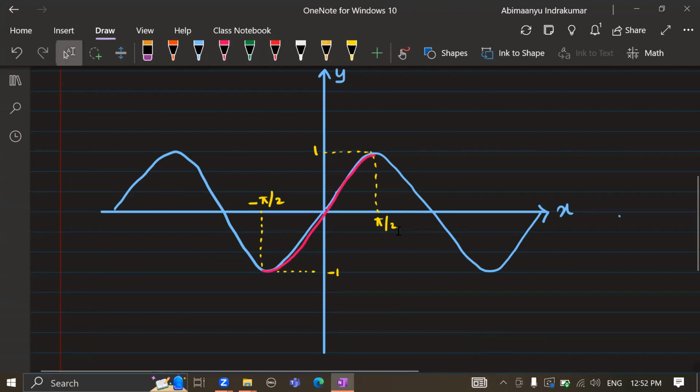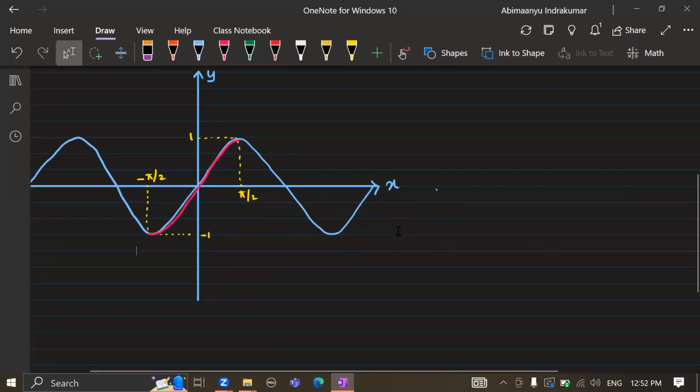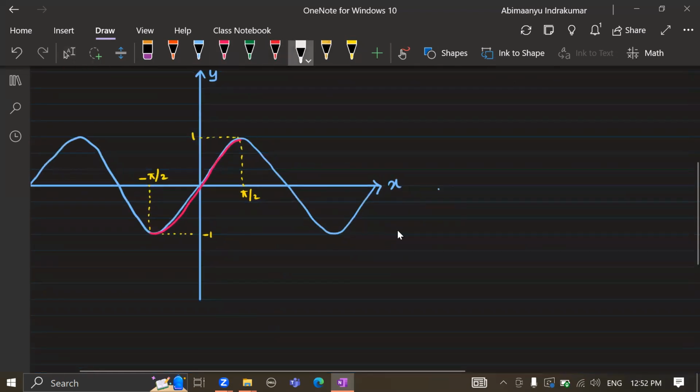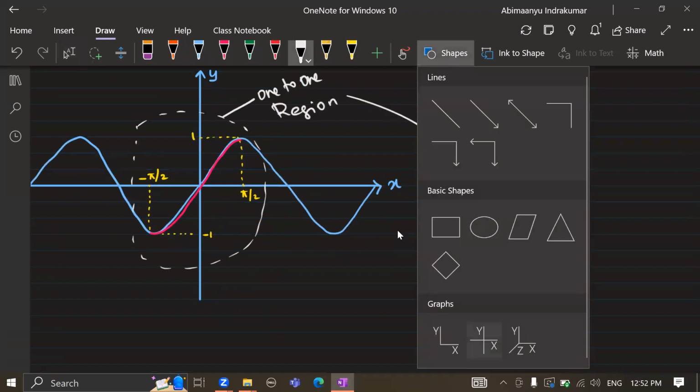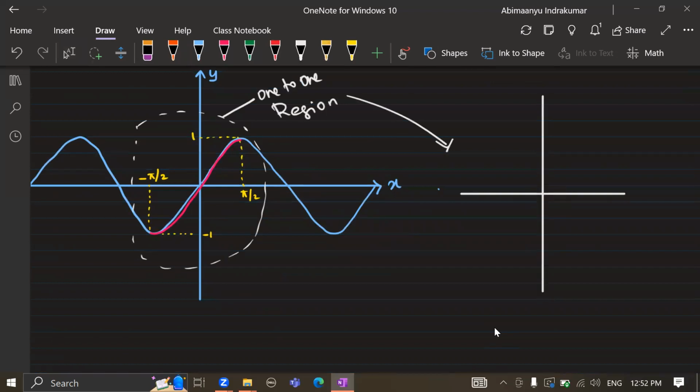What I'm going to do here is simply extract that one-to-one region of the graph and sketch it separately.